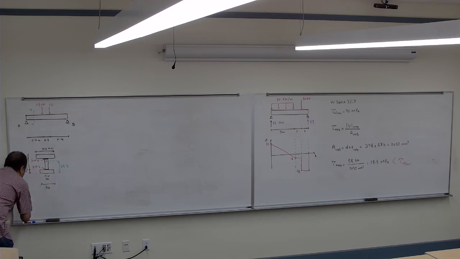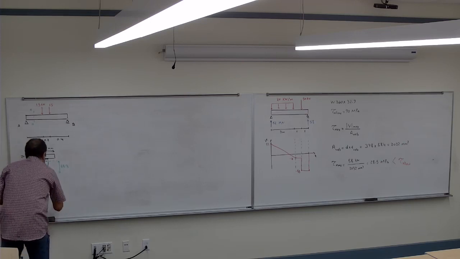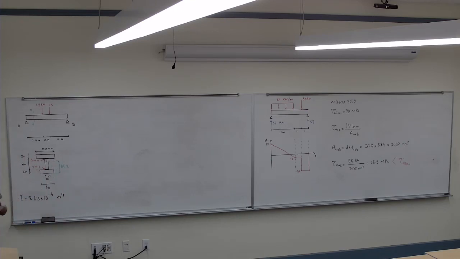The I for the cross section is 8.63, 8 point, meter cube.